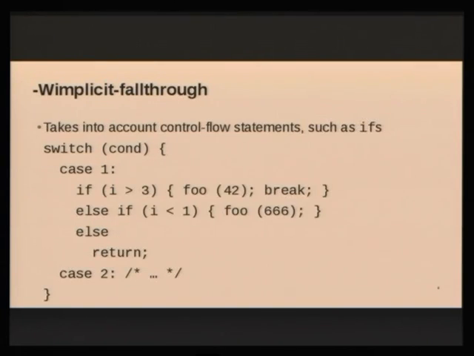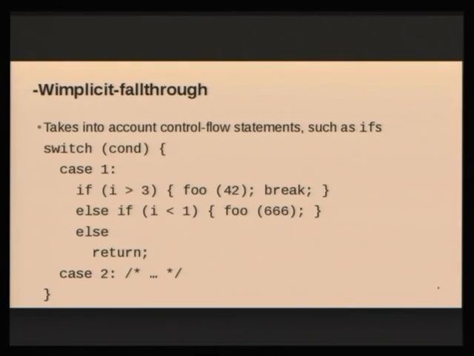But for the warning to be really useful, it needs to handle various control flow statements, such as ifs. So it handles if-else chains. The warning is able to figure out that the first branch cannot really fall through because of this break, but the second branch can actually fall through down to case 2, but the third branch cannot fall through.